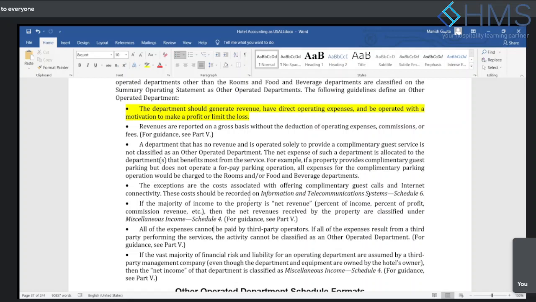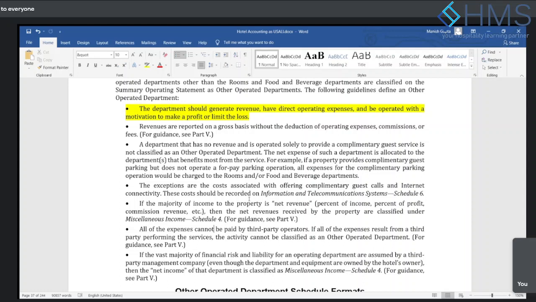The minibar is included in the room, so we give certain items in the minibar free. That becomes part of complimentary gifts and services, rather than us charging and incurring the labor cost. The only thing is we have 1 or 2 people who just go and refill the minibar.